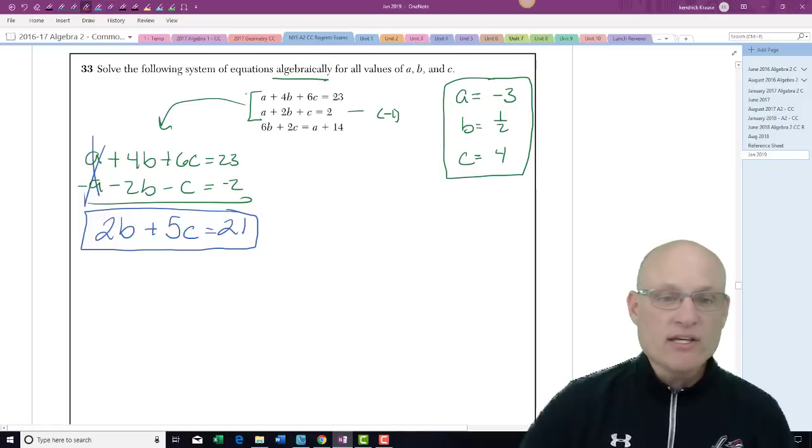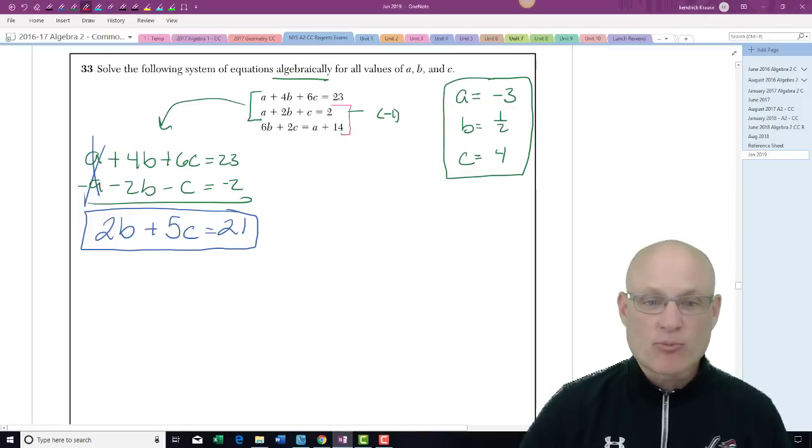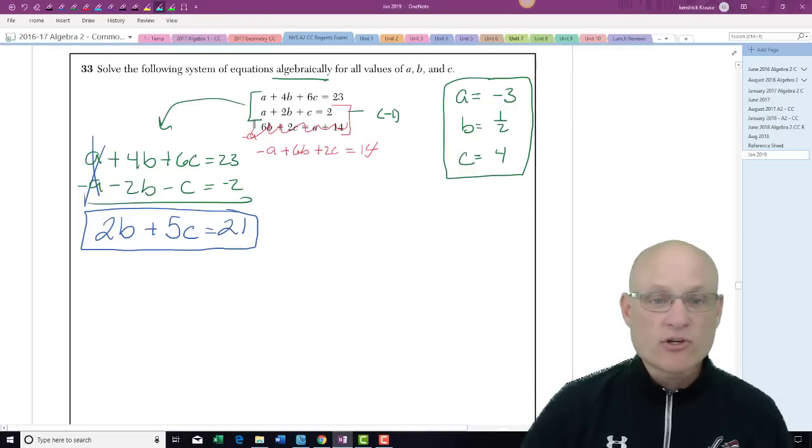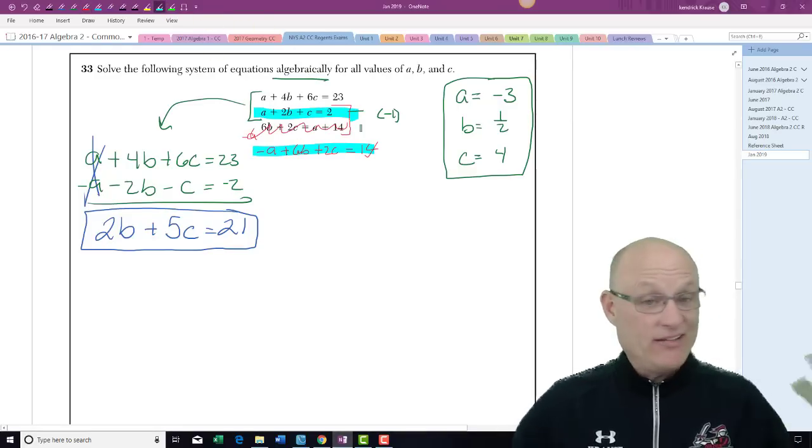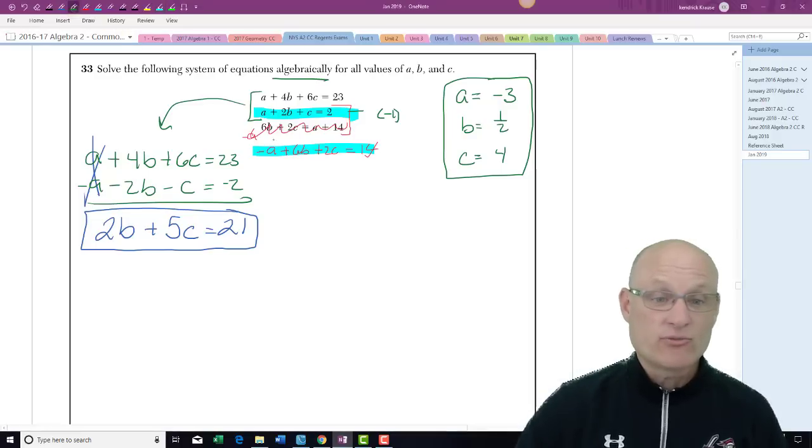Now I'm going to take these 2 and put them together, but I got an initial problem. I need to bring this A over. So I'm going to subtract this A over. So this equation becomes -A plus 6B plus 2C equals 14. Now, if you look at this equation and this equation, I don't have to do anything. The A's just cancel, which is really, really sweet.